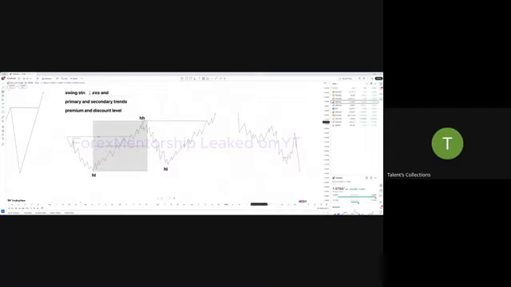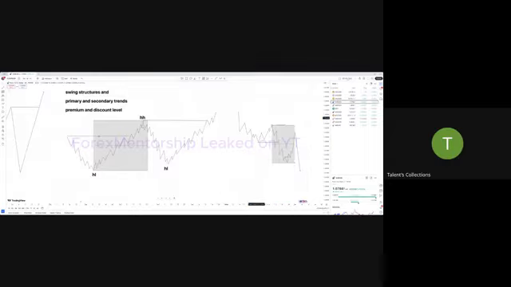So we have the swing high, this is a break of structure, we have the swing high and we have the swing low, right? So in a downtrend, you mark it from the high down to the low, like this.